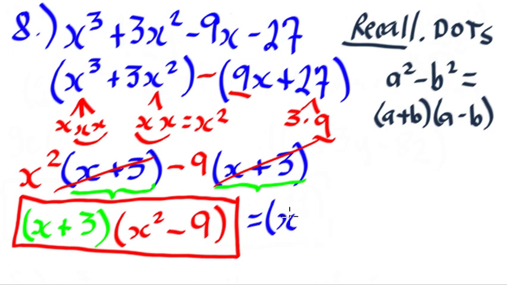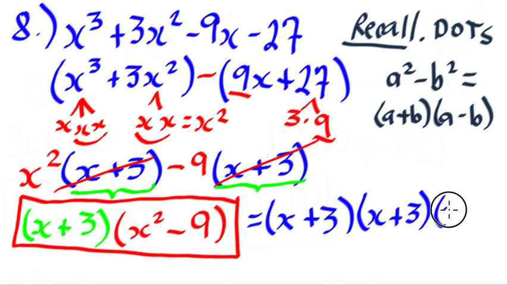That is, it will become x plus 3. This is the first grouping. We did not do anything about it. And then we have x plus 3 and then x minus 3. This is taken from this part here, x squared minus 9. And then notice we have two x plus 3's in this final answer.